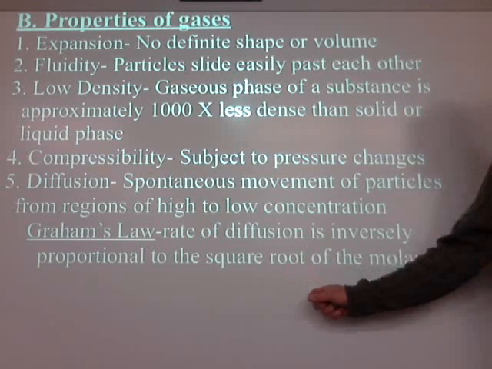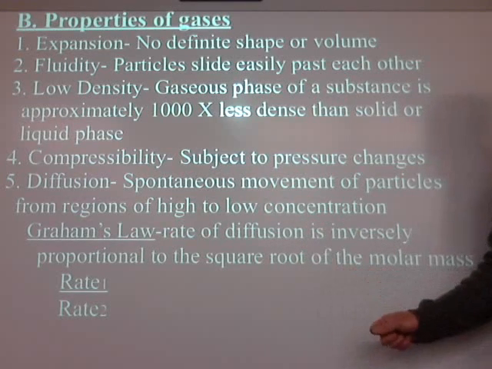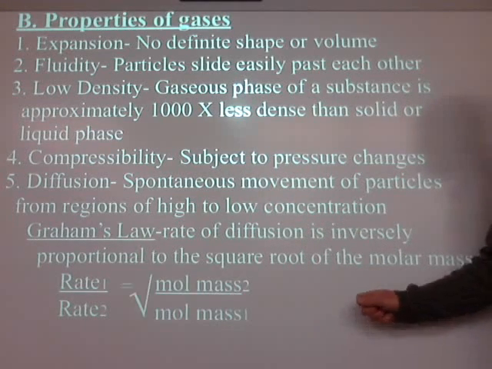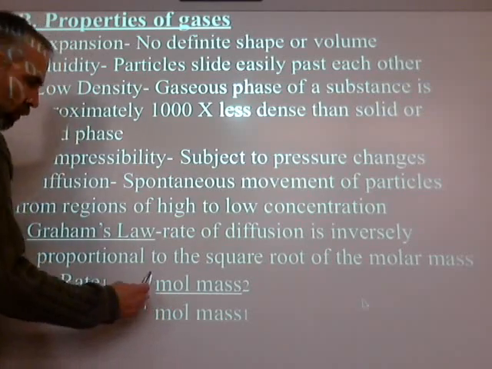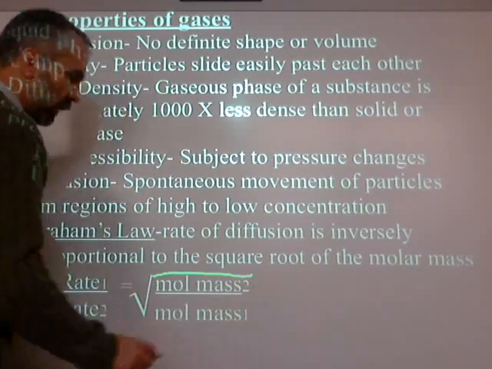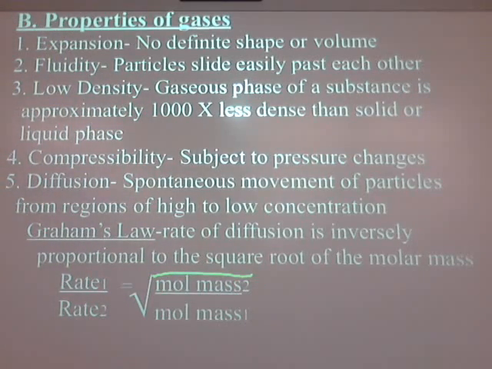Here's what the equation looks like. Write it down. Rate 1 over rate 2 is going to equal the square root of the molar mass of 2 over the molar mass of 1. That's why it's inversely proportional. By the way, this is the best square root symbol I could give, but you know what the square root is.